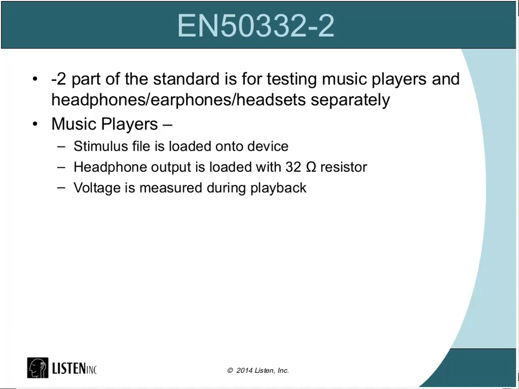So this resistor is there to serve as a replacement for the headphone load. 32 ohms is kind of an average headphone impedance value, so it will get the headphone amp to operate how it would with a set of headphones attached. So we then measure the voltage across that 32 ohm resistor back into our system. That's what we're going to be looking at: the voltage output of the music player device across that resistor load.